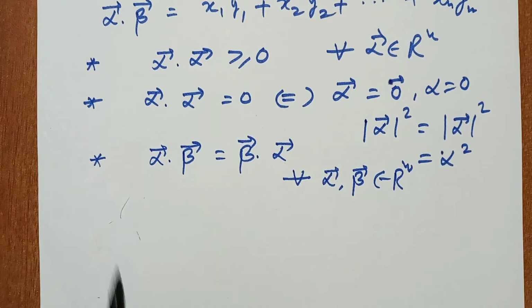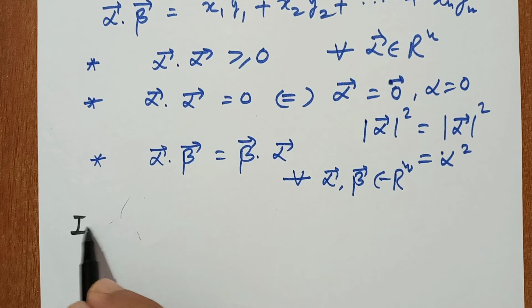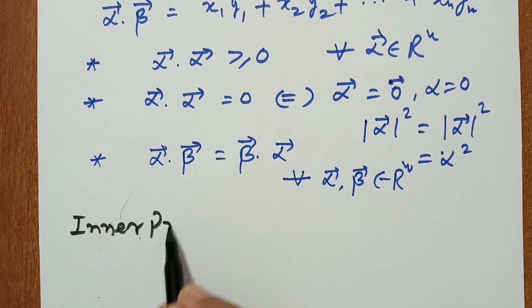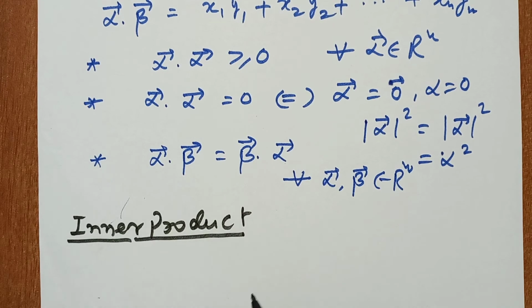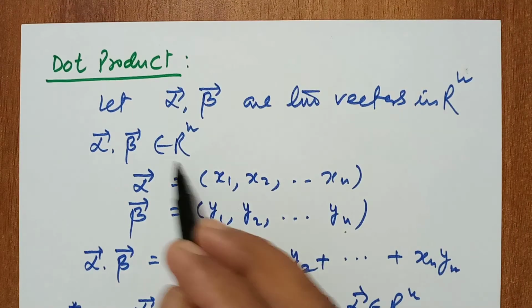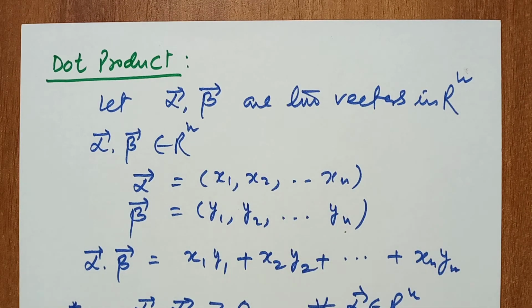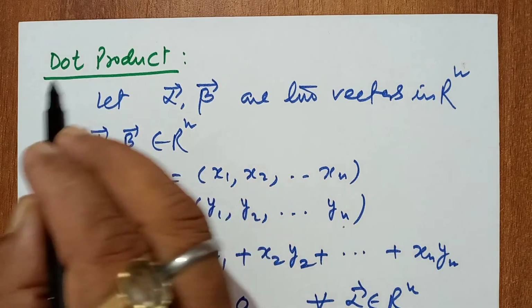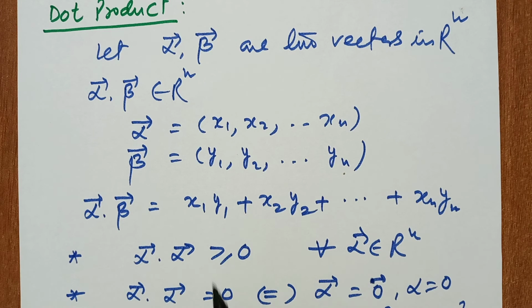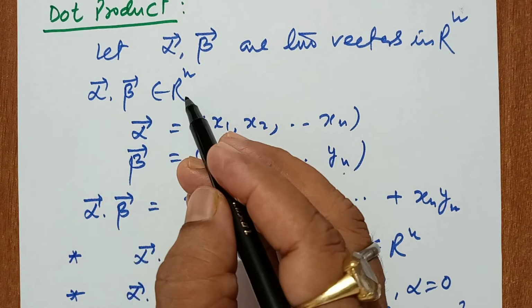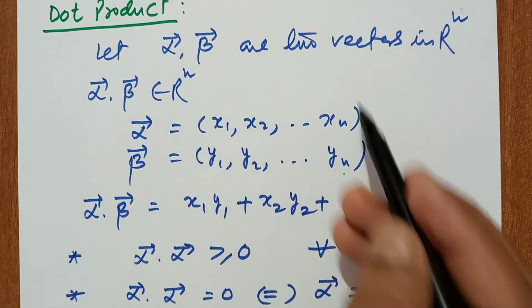Now the inner product. Before explaining the definition of inner product, I want to say that inner product is a generalization of dot product. We have seen here alpha and beta belong to Rn, where Rn means real numbers.